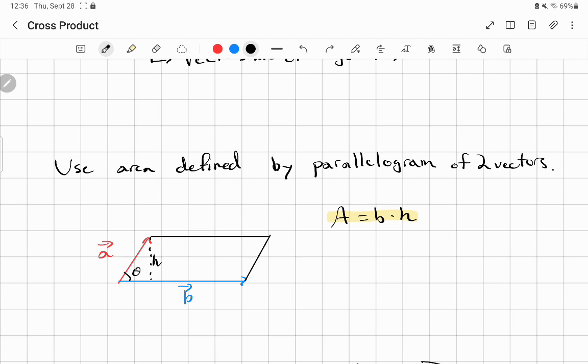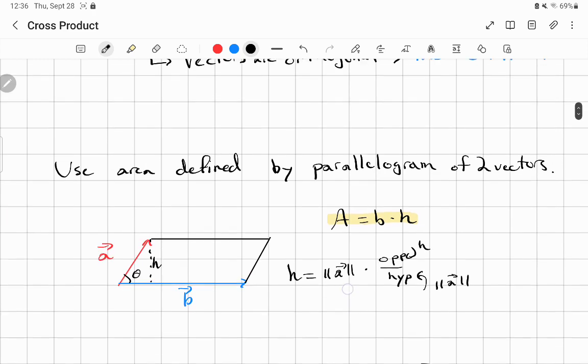We can just use simple trigonometry. We have this angle theta between the two vectors here, and what is h? Well, h equals the magnitude of a times the opposite over the hypotenuse, because opposite to theta is h, and the hypotenuse is a.